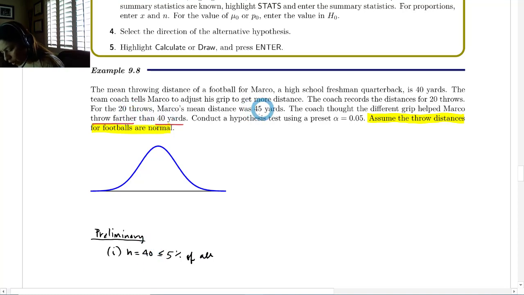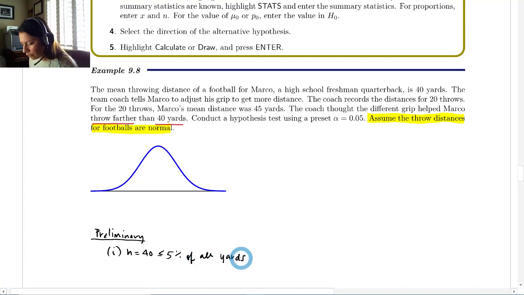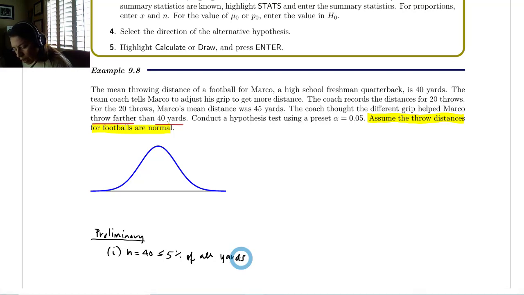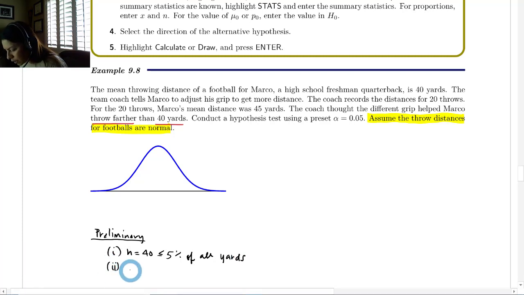So 5% of all yards he's thrown on a football field, definitely, because those football fields are pretty huge. The second part we don't need to worry about, because if we assume the throw distances are normal, we can already make that check mark. The first part is for independent samples, and this one is for normality. So those two are already satisfied.